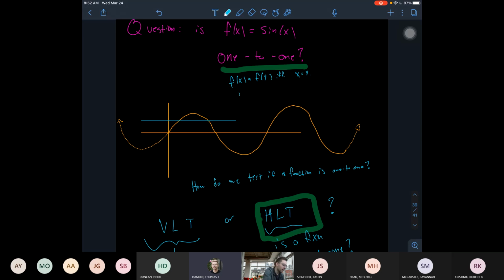Or you could say f of x is not equal to f of y anytime that x is not equal to y. That's another way you could write it. So one-to-oneness is about the y values being achieved only once, basically.